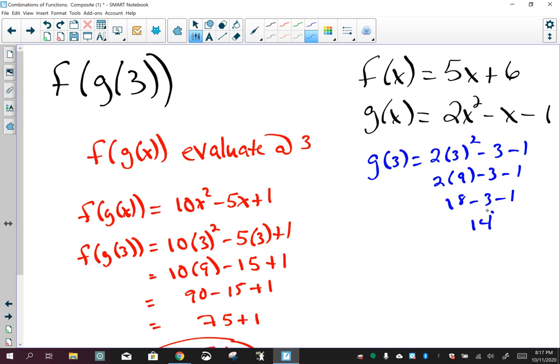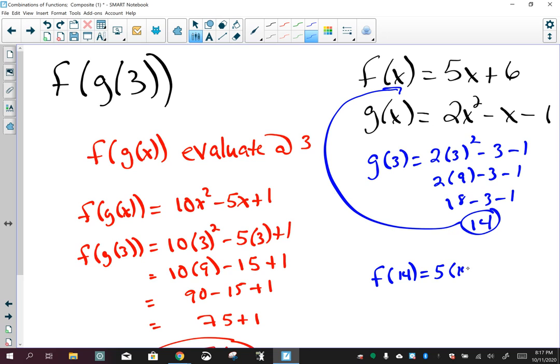So then you can take this answer here and plug it into this equation right here. And so then we get f of 14, and that's going to give me 5 times 14 plus 6. Well, 5 times 14 is 70, plus 6, that gives me 76.